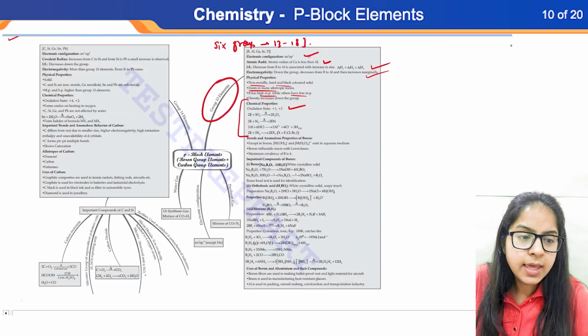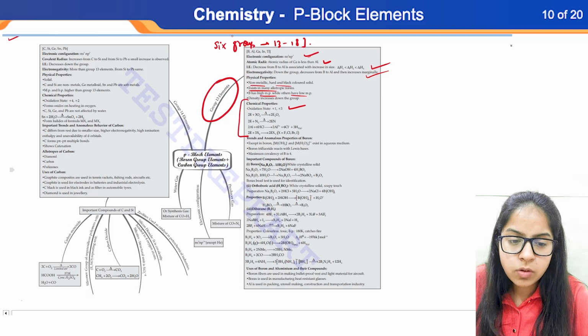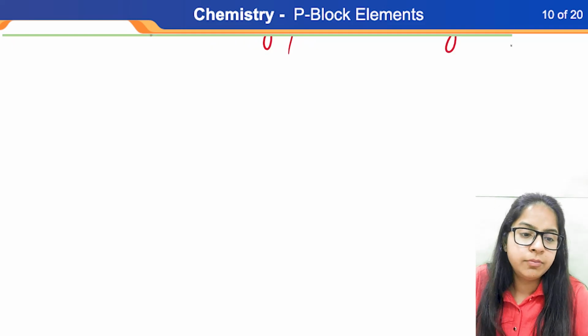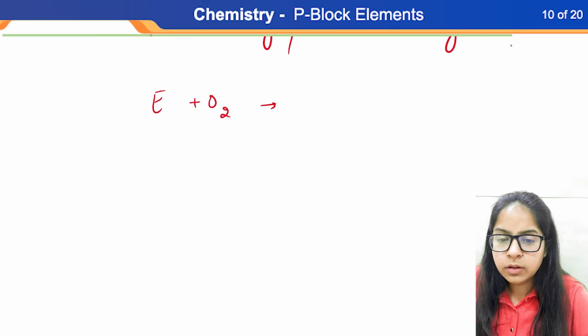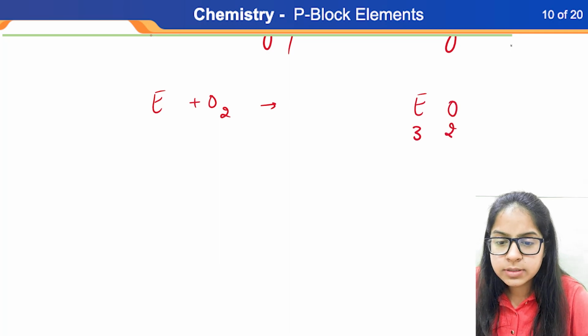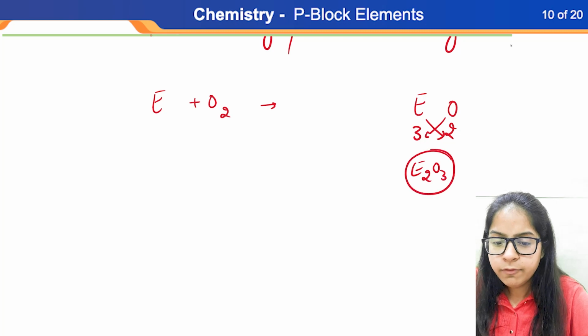Now you can see if an element is going to react with O2, meaning oxygen, how can we form the element oxide? Okay, the element has its oxidation state 3, so E2O3 will be the formula.